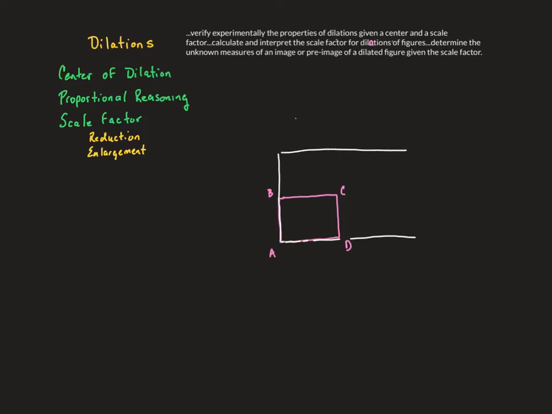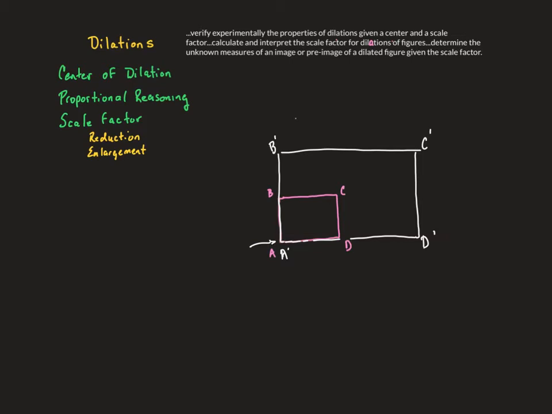So here I would envision, hopefully you can tell, that what has happened here is I have an enlargement, and it has started from a center of dilation, which was this point right here.